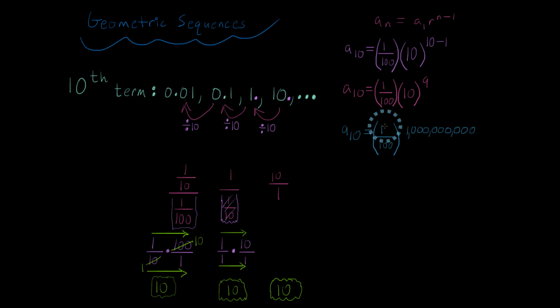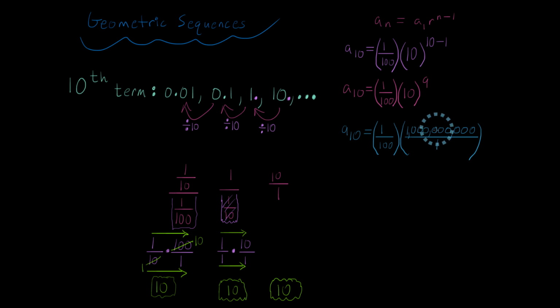So I have 1/100th times 1 billion, and I can think of 1 billion as a fraction written as 1 billion over 1. I'm just going to wrap that in parentheses. So now I have 1/100th times 1 billion over 1, or simply just 1 billion.